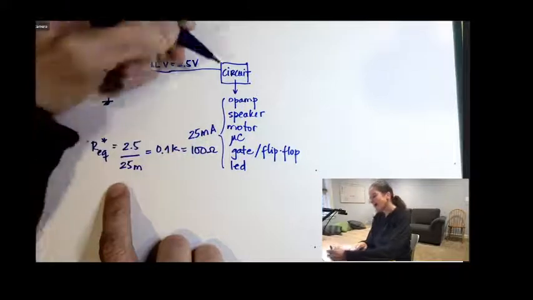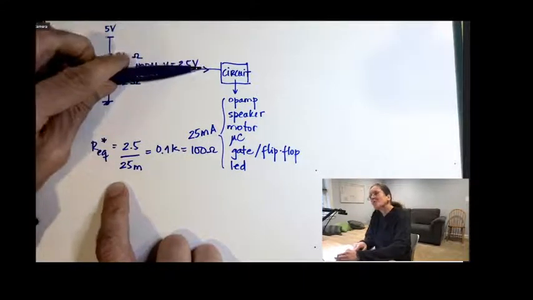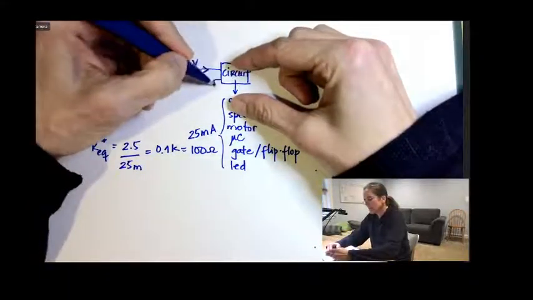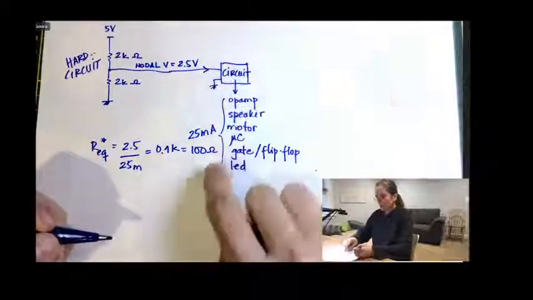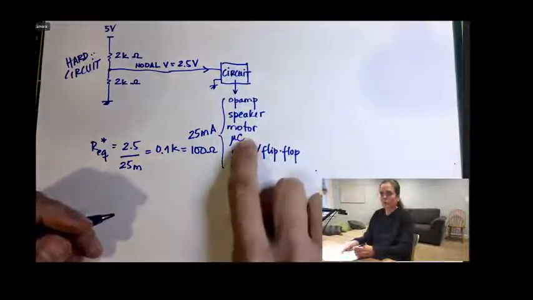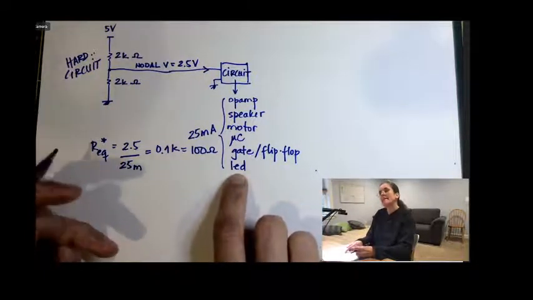When this voltage goes into it, it falls across my circuit and the ground, and the circuit needs 25 milliamps to actually run, like the motor to run, the microcontroller to work, the LED to turn on.